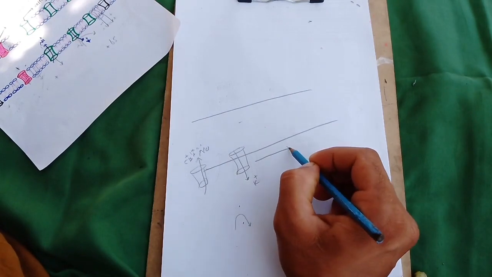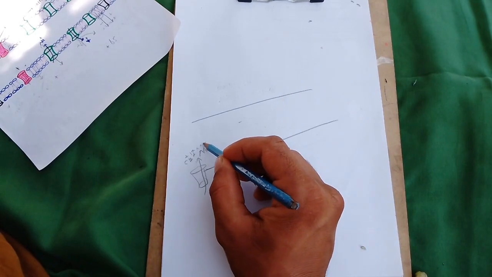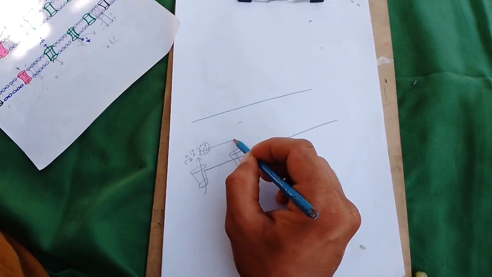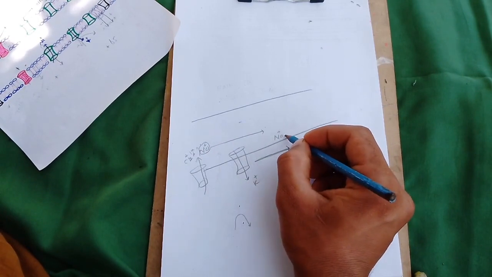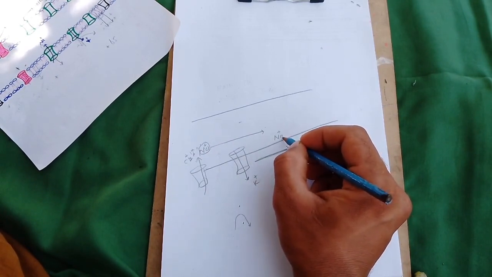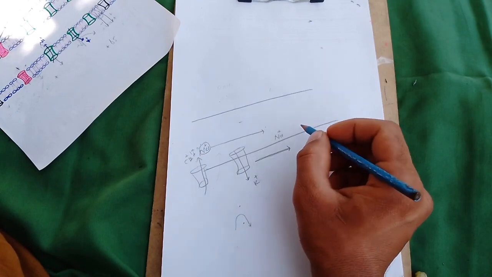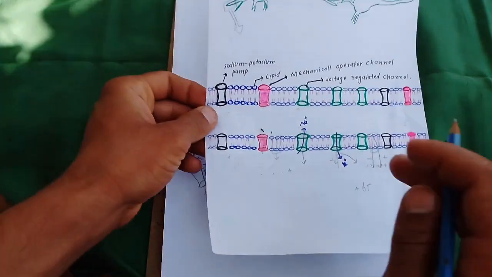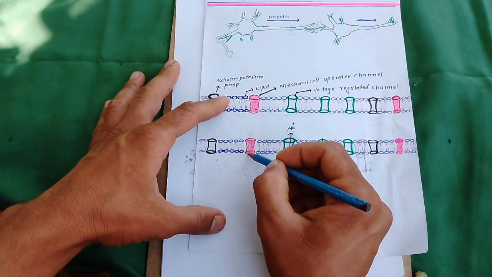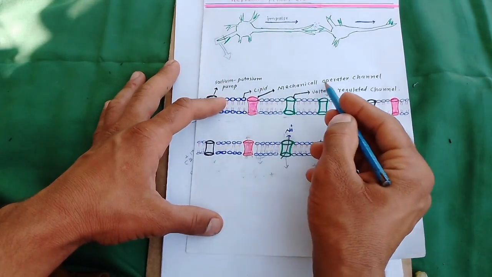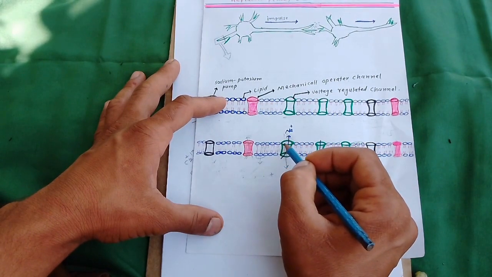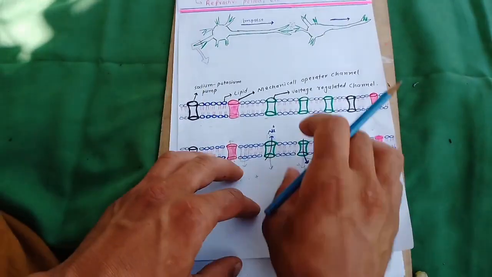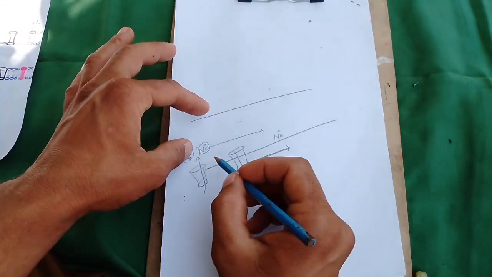For the flow of current in the forward direction, this is the sodium which go to the next area and stimulate this area. When this area is stimulated, just like this one, when sodium go inward by the mechanically operated channel, this channel is stimulated and a large number of sodium go inward.